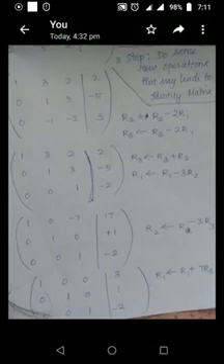As a result, we get the identity matrix. The diagonals are 1, 1, 1 and the upper and lower triangles are 0, 0, 0. So we found the identity matrix.